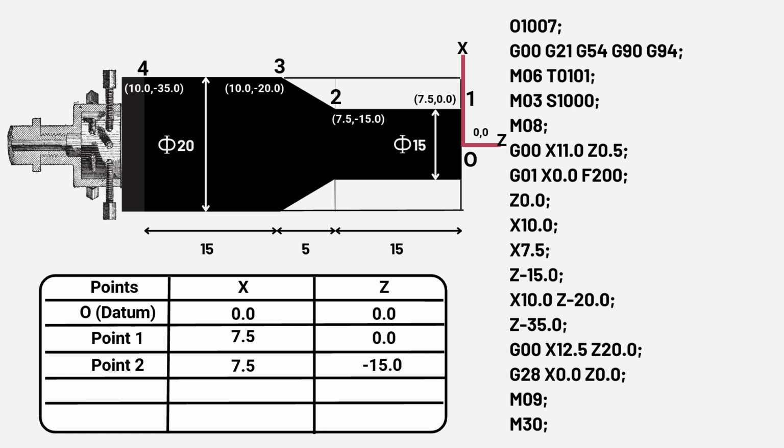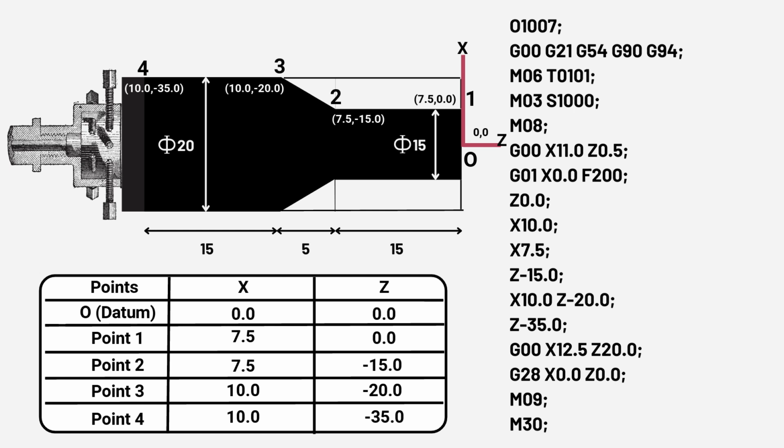For point 2, 7.5 is for x and minus 15 would be for z-axis. For point 3, 10 would be for x and minus 20 would be for z-axis. And finally for point number 4, 10 would be for x-axis again and minus 35 would be for z-axis.